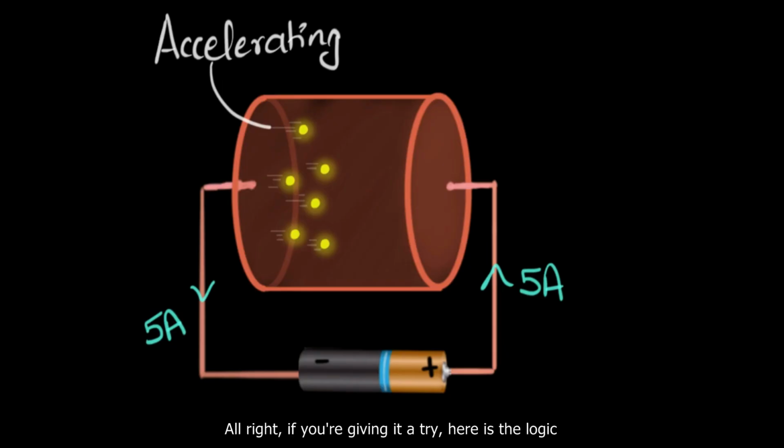All right, if you're giving it a try, here is the logic that I'm going with. So my logic was, without a battery, I know there is no current, so I'm assuming that without a battery, electrons are at rest. And when I do put a battery, electrons start accelerating, and that's where it's causing a problem. So my assumption was, without a battery, electrons are at rest. I think that assumption is not correct.